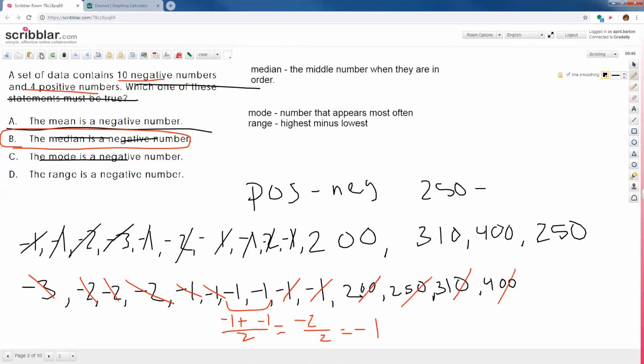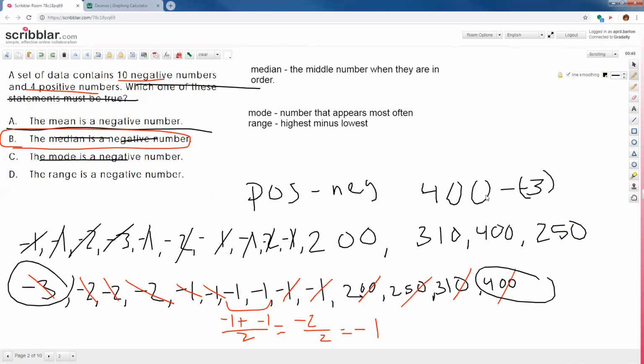I need to look at my lowest list. 400 is the highest. This lower list has it on the far right. -3 is the lowest. When we have the negative, that's really 400 plus 3, which I'm going to have to write above because I ran out of room. And a positive plus a positive, still positive.